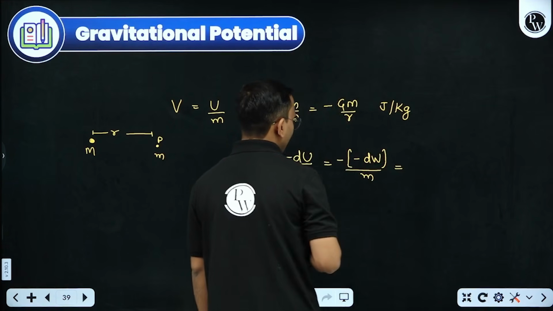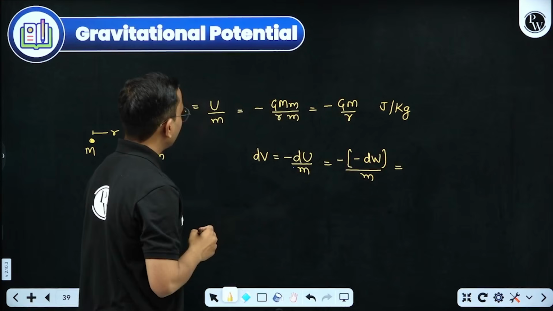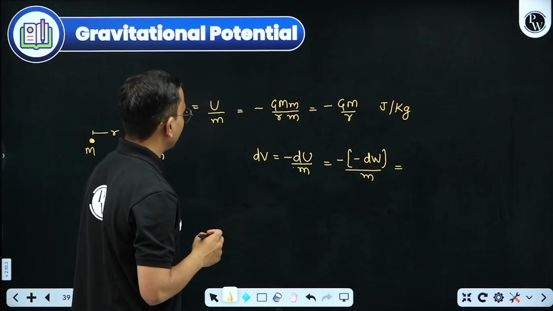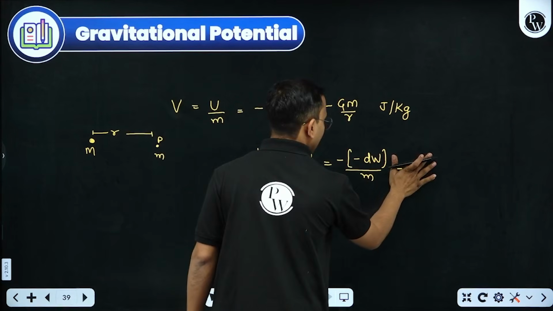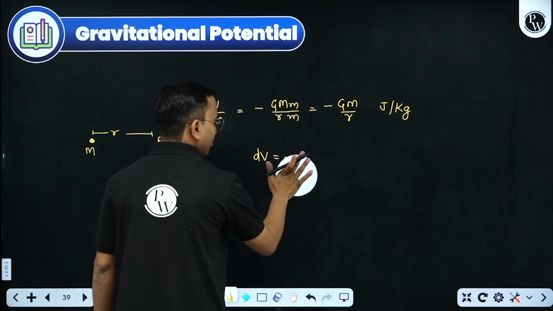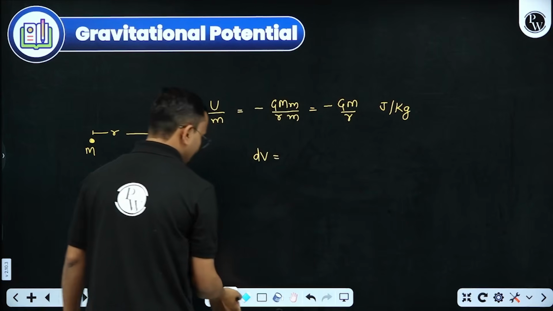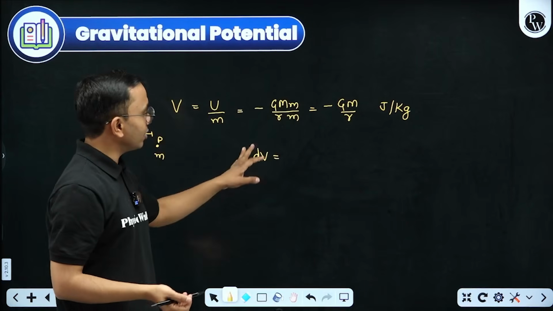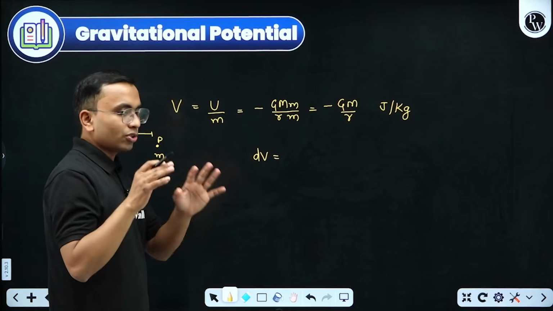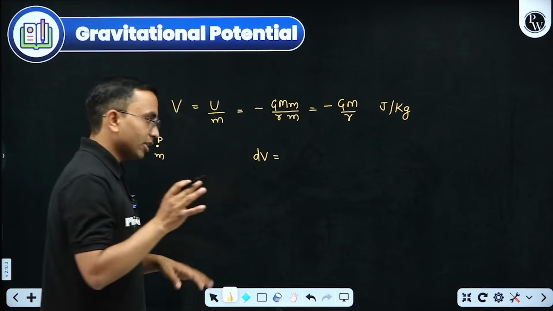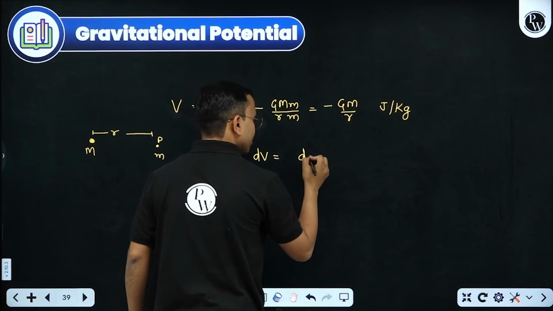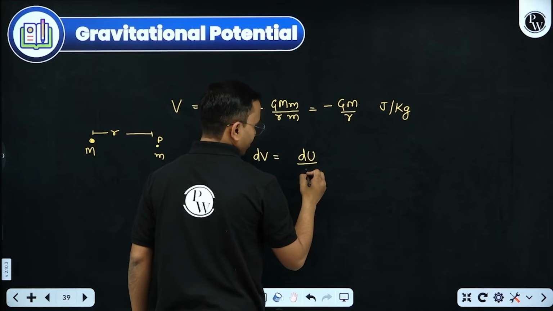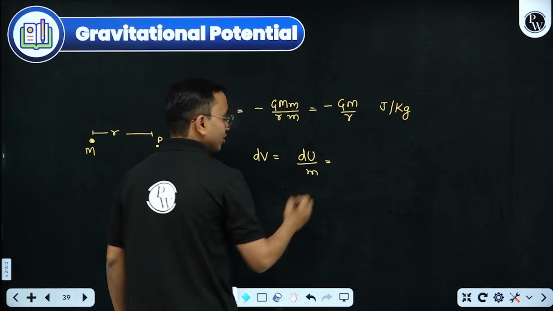How much is the work done by the gravitational force? By mistake I mentioned a negative sign there, let me write it again. My potential is the change in potential energy per unit mass. What is the change in potential energy?